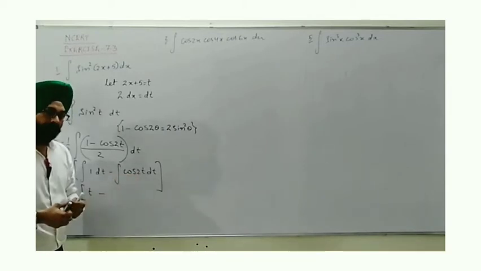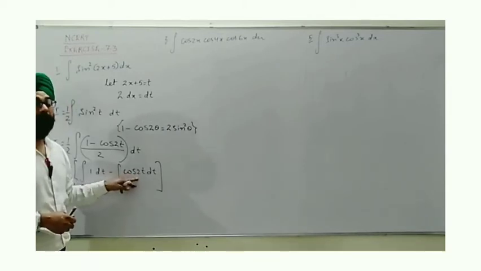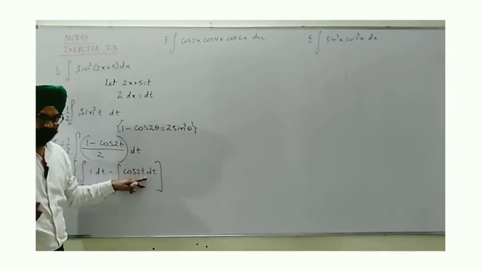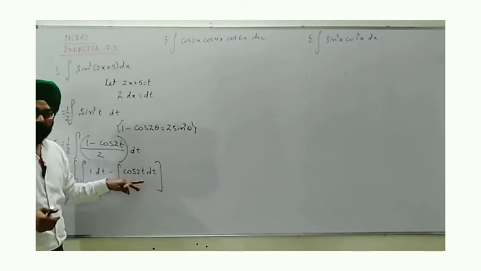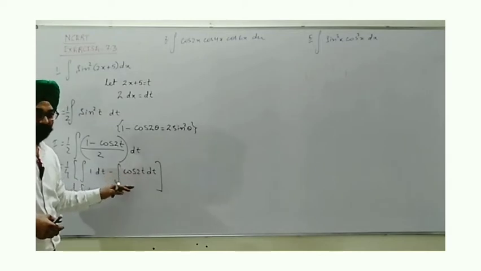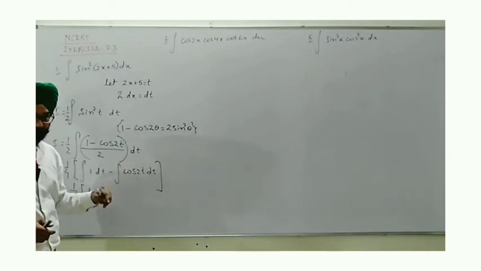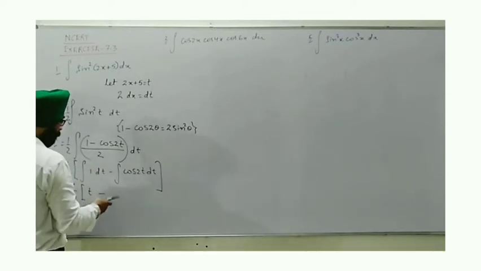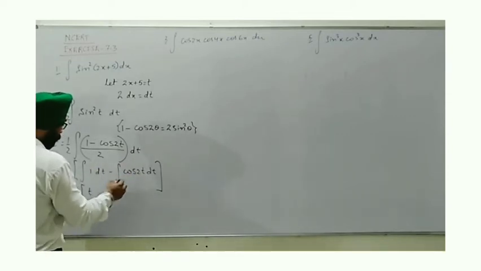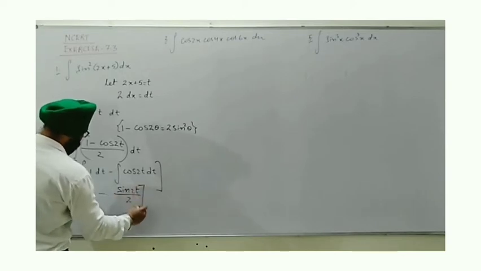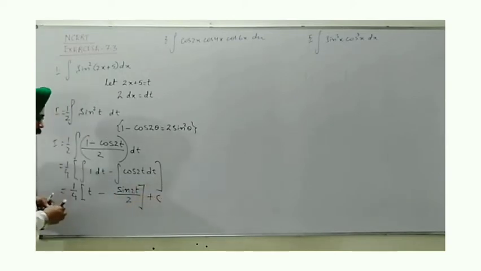Otherwise, again we can apply the substitution method taking 2t as u, some other variable, or you can take v, w, etc. So you can apply the substitution method taking this part of the integration as I1 and doing that separately. But I am expecting that this can be done directly. The cos 2t integration is sine 2t upon 2 plus c.